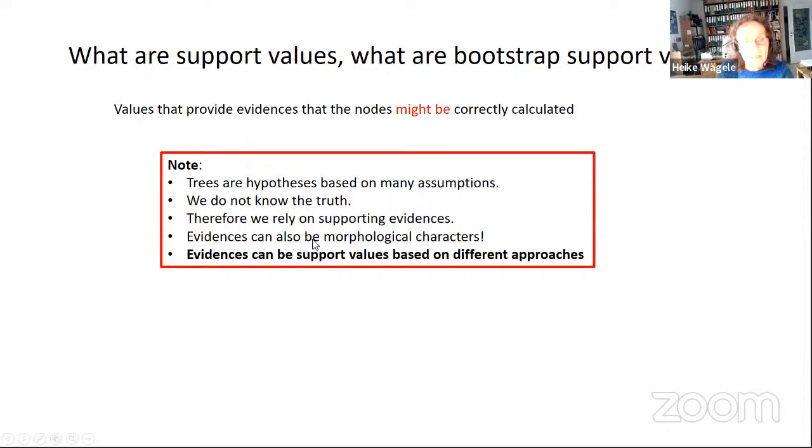And these evidences can also be morphological characters. So you can go to your tree and see, are there morphological characters that support the nodes? But we have then the possibility to do this on a molecular base, so we have these evidences based on different approaches, including molecular data.